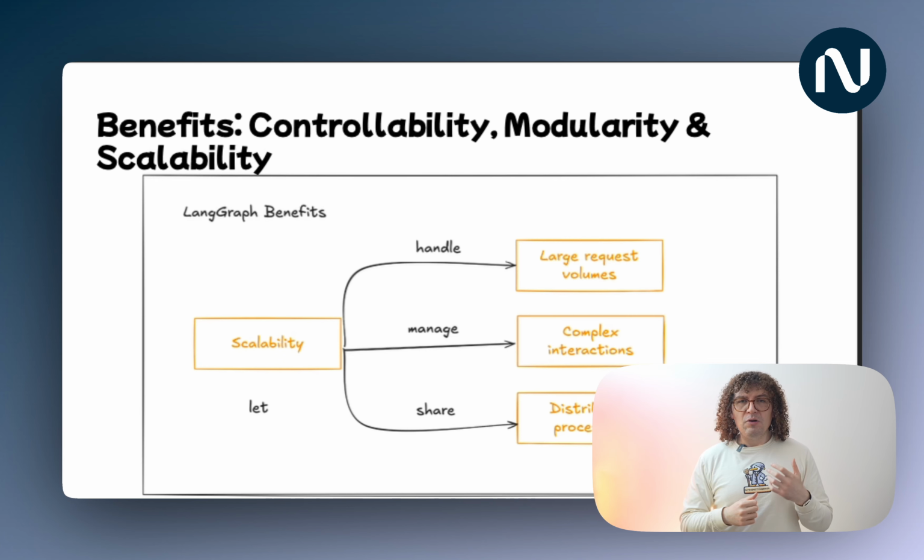That starts to sound much more complicated than what we'll have using just our wrappers, right? And not only that, we will be able, with LangGraph, to manage complex interactions and do distributed processing if we feel like. We are not obliged, but we can do it if we need.